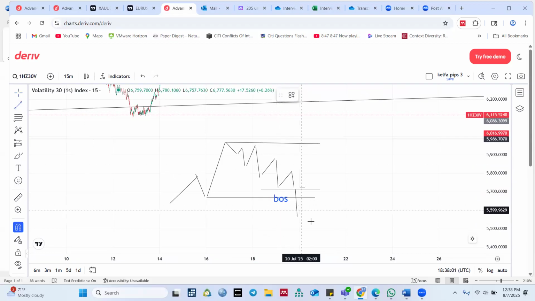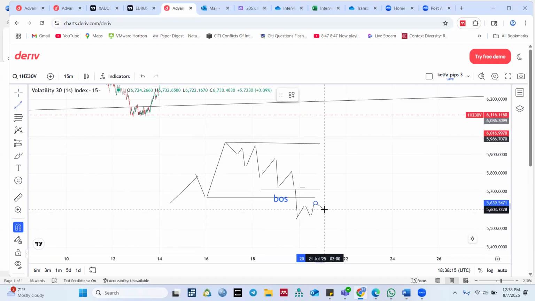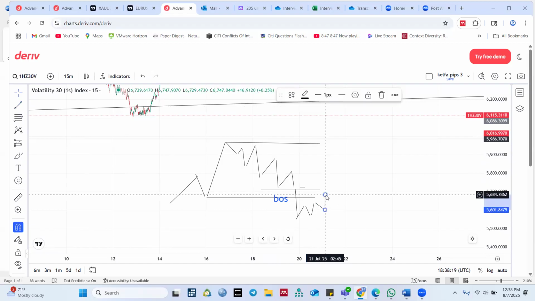So what do we expect? We expect a push. Once this happens, if price starts moving up like this, you don't just jump on and start selling. So what do you have to ask yourself?